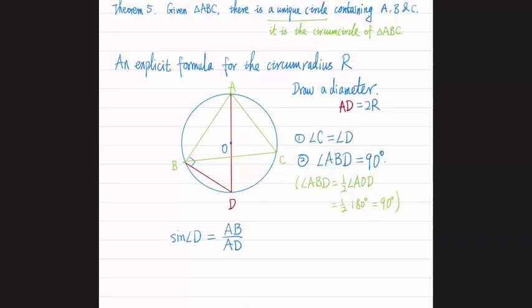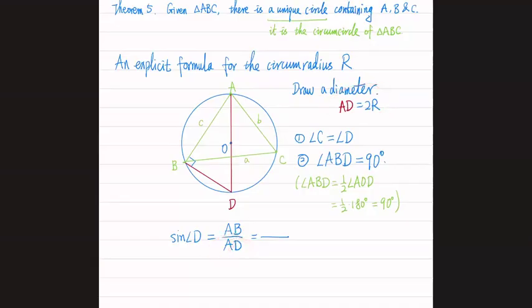Now I'm going to use lowercase letters for the sides of the triangle. So AB, opposite to C, is c, and BC is a. Now we have c over 2R, I think. Yes, so the denominator AD is 2R.